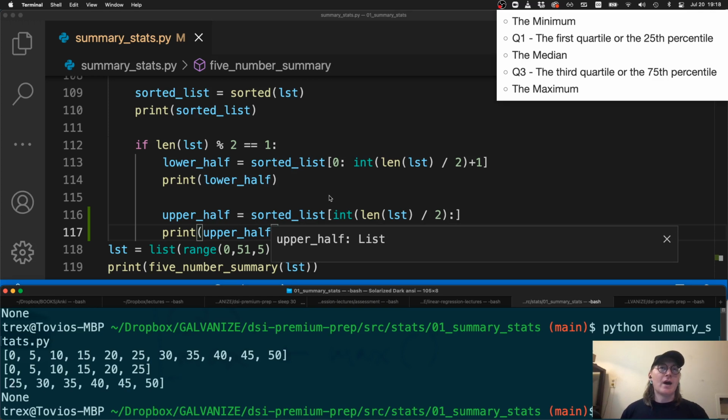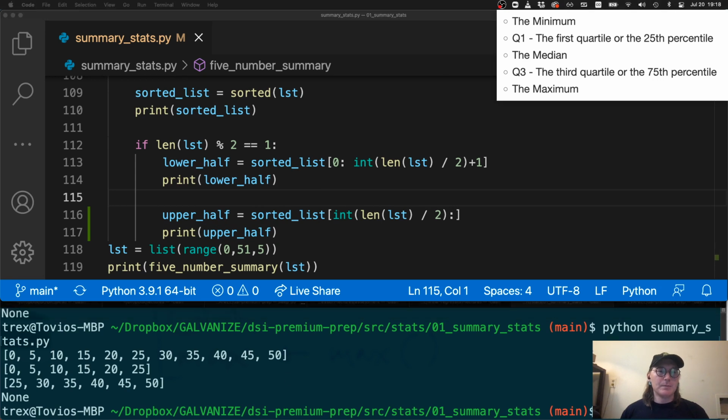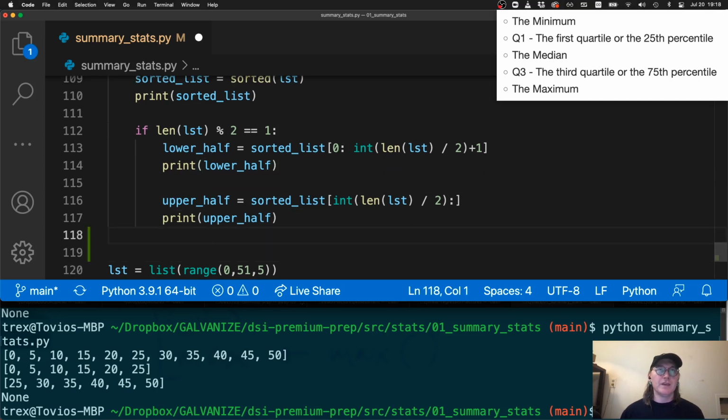So all we need now is the median of the lower half and the median of the upper half. To be clear, we're also going to need to account for an even length list.